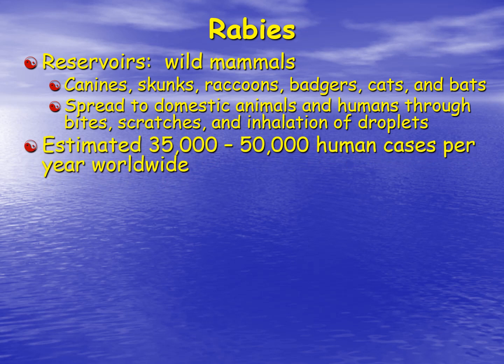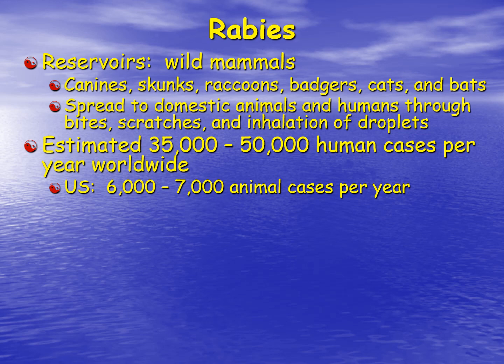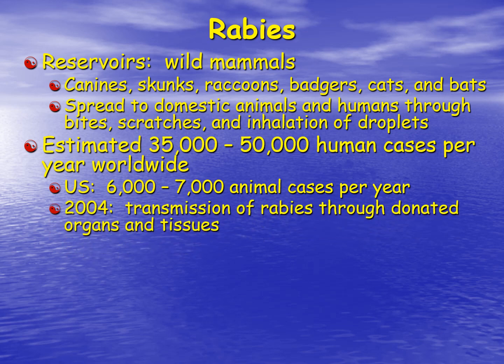It's estimated that between 3,500 to 500,000 human cases per year of rabies occur worldwide. In the U.S., this is around 6,000 to 7,000 animal cases per year. And in 2004, transmission of rabies was actually seen through donated organs and tissues in a case.